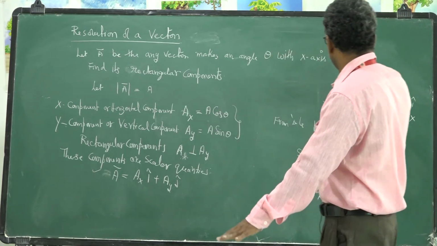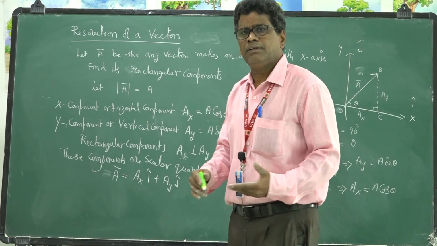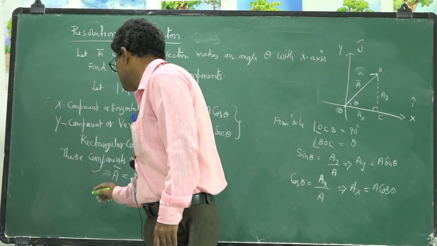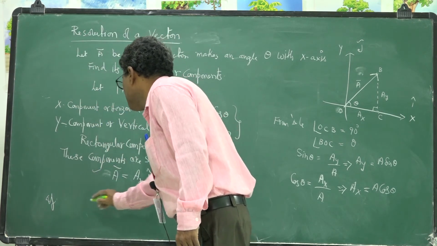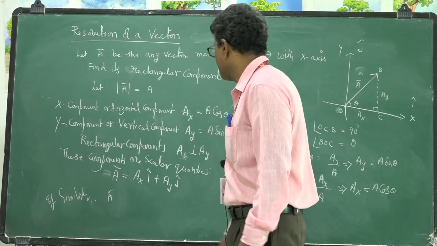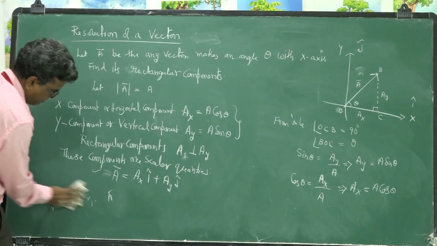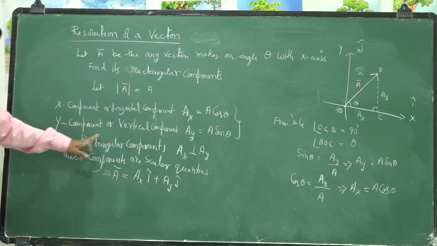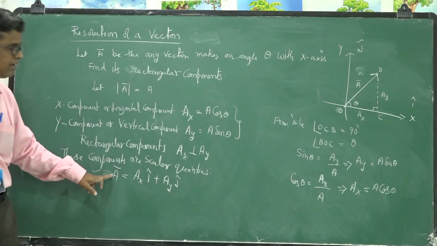Similarly, this is in 2 dimensions. Suppose it is in 3 dimensions; we can extend this. So these components are the resolution of a vector. These components are scalar quantities, and you multiply with the unit vector to get a vector again.